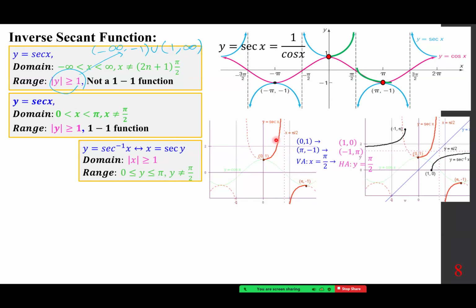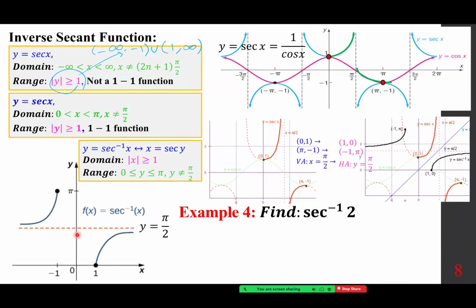So this orange part, if you will, remains. And now this is the inverse, symmetric with respect to the line y equals x. And this has a little bit more detail as far as the graph is concerned. And you can see those pairs, by the way.